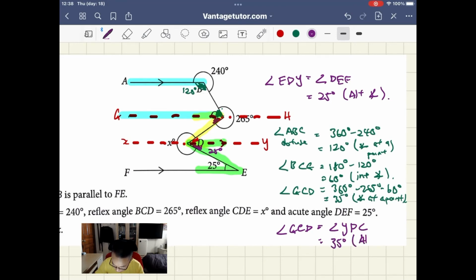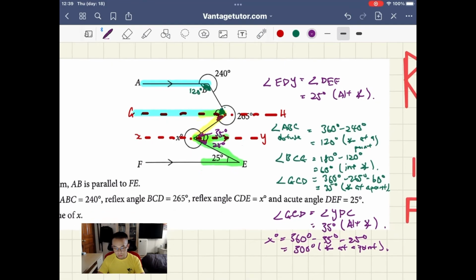Again, reason: alternate angle. Now I know that this is 35. That means my angle X should be equal to 360 minus 35 degrees minus 25 degrees, which is equal to 300 degrees. Again, don't forget the reason: angle at a point.